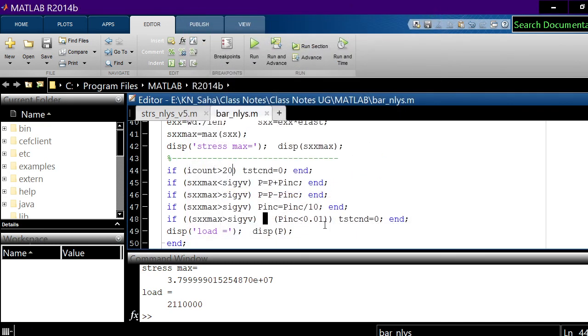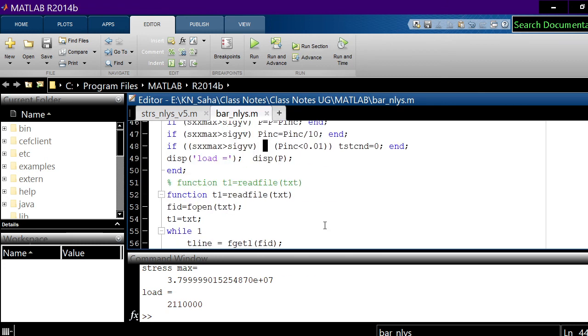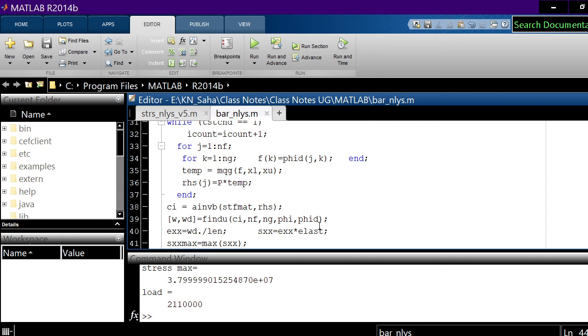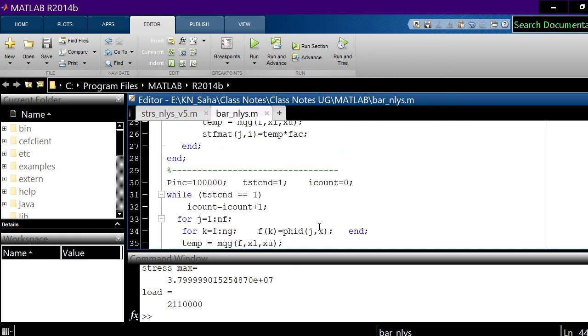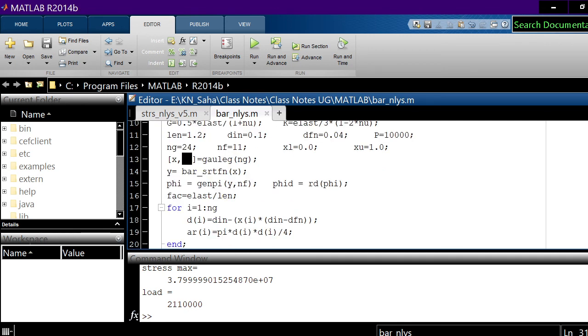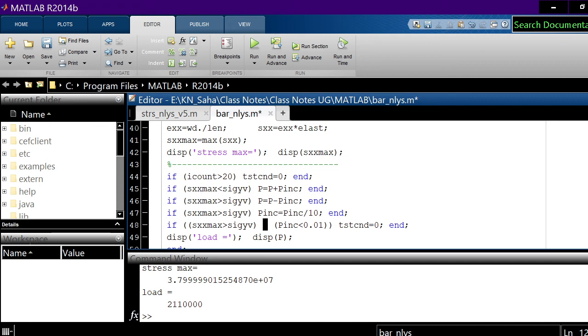Again, with this, we can increase or reduce the number of functions. Let us do one thing. Let us reduce the number of functions to 7. Where is our NF? NF is 11, let us make it 7, okay? And then we'll increase that counter value.